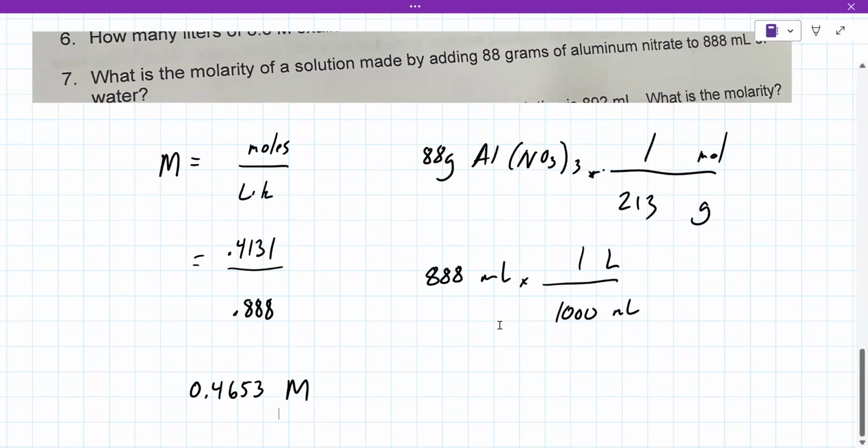Okay, let's keep going. All right, next problem: when the solution above is made, the volume of the solution is 892 milliliters. What is the molarity?